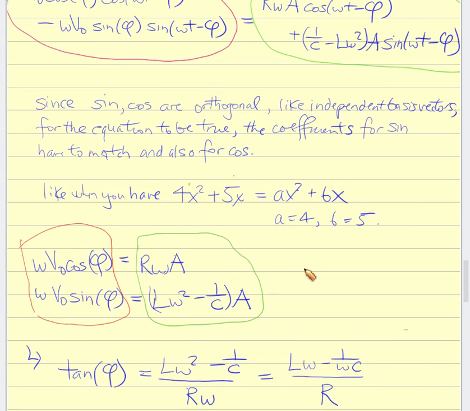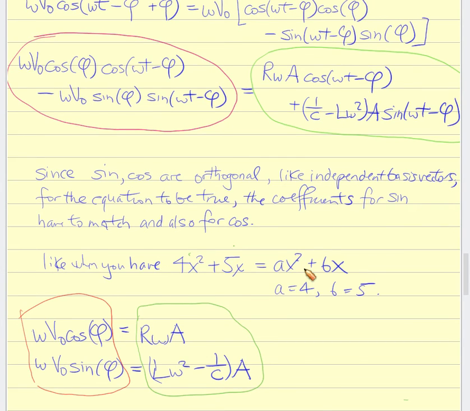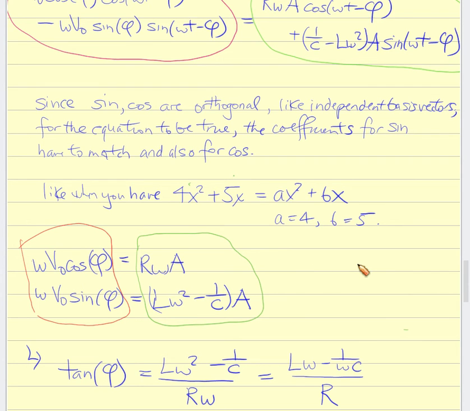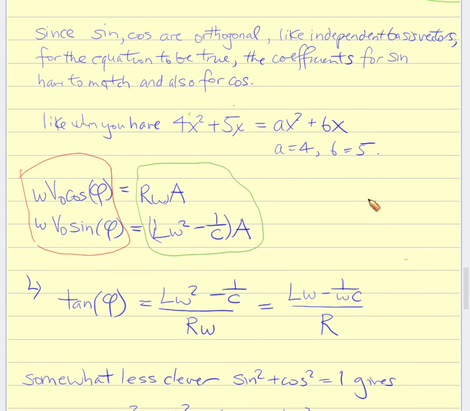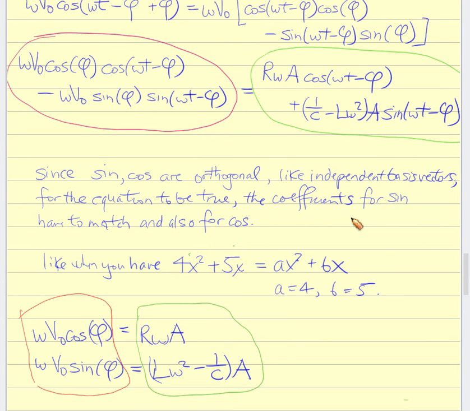I'm not sure if it's correct, but it gives me some backing to what I'm doing. I'm not just going to blindly go through this and equate coefficients without some kind of thought backing it up, some kind of rationale behind it. All right, another digression, but something that's important to me to think about.